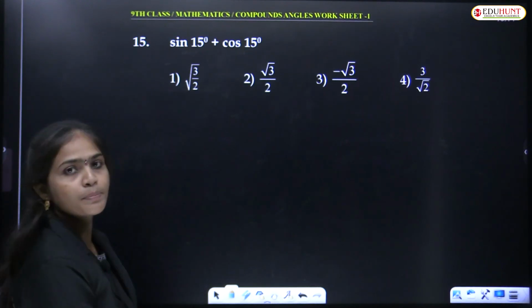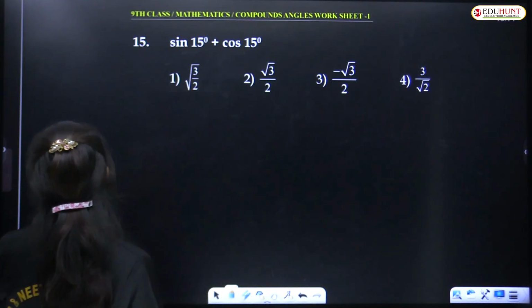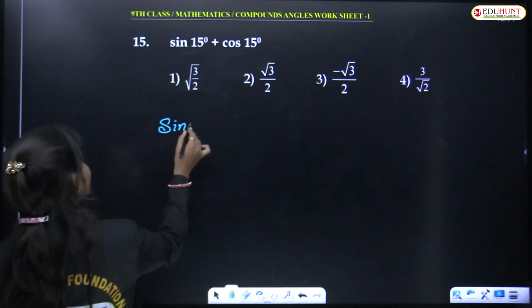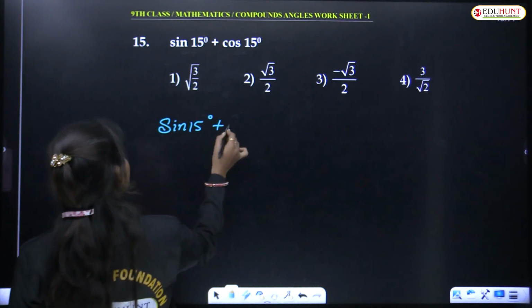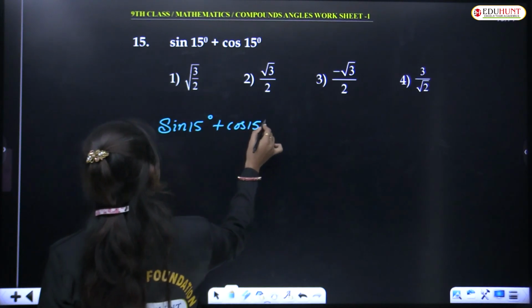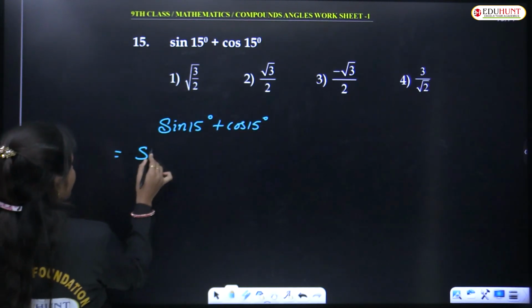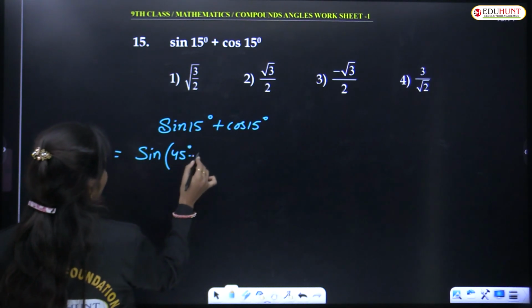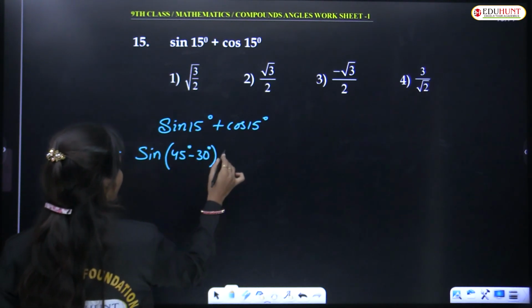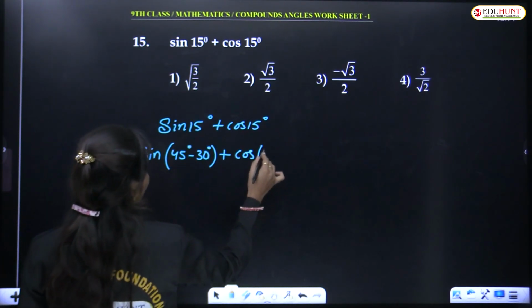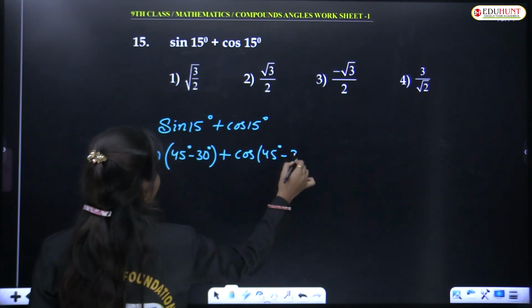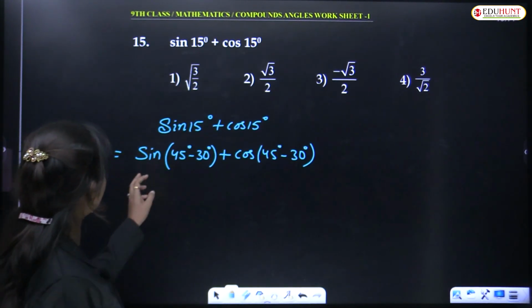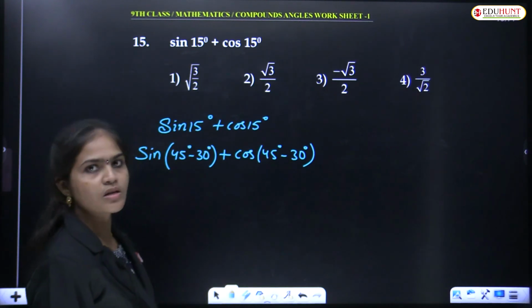Sin 15 degrees plus cos 15 degrees. How can we write that? Sin 15 we can write as sin of 45 degrees minus 30 degrees plus cos of 45 degrees minus 30 degrees. Shall we write like this? Yes. Now this is the form of sin of a minus b plus cos of a minus b.